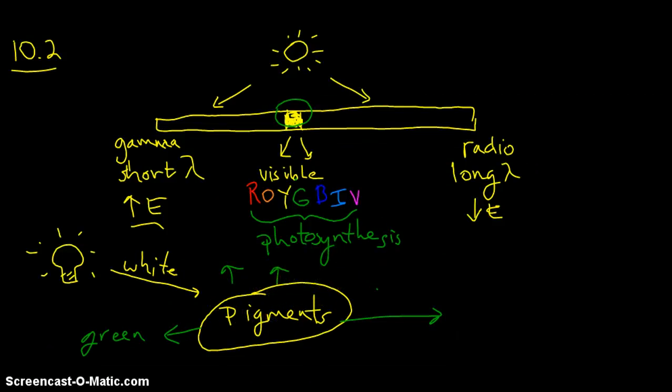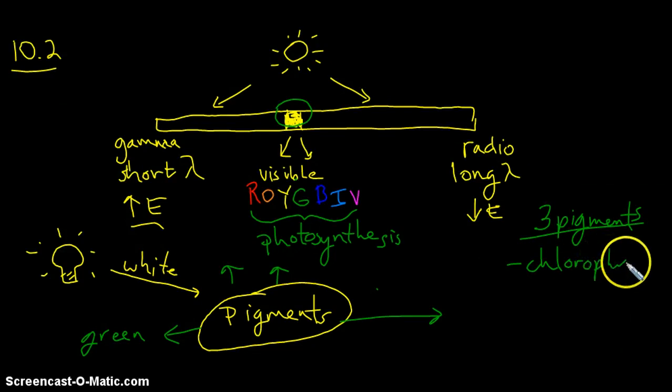Now, there are three primary molecules involved in photosynthesis in terms of pigmentation. So you have three pigments. The first is chlorophyll A. Chloro meaning green, phyll meaning leaf.